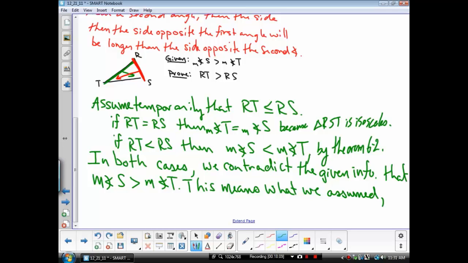And we put in there what we assumed, that RT is less than RS is incorrect, and instead, and now we put in what we want to prove, RT is greater than RS.